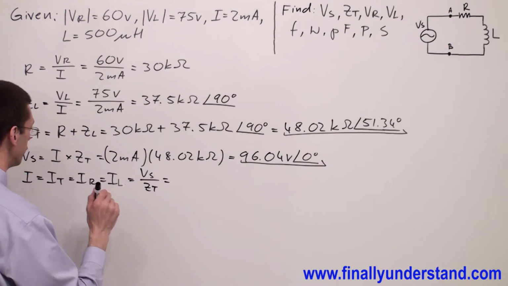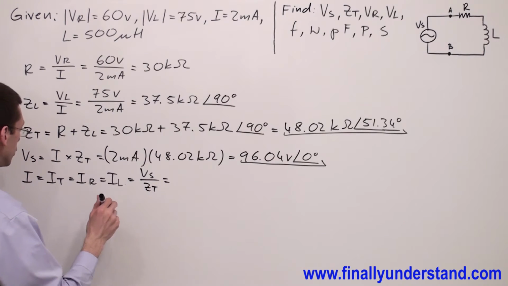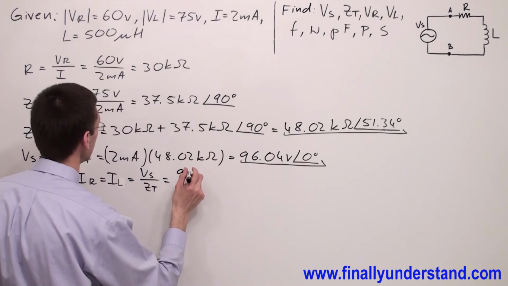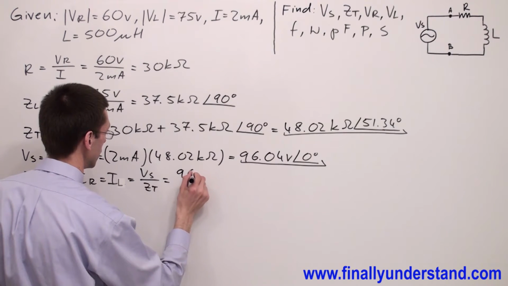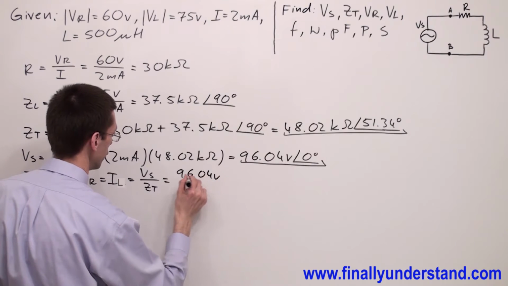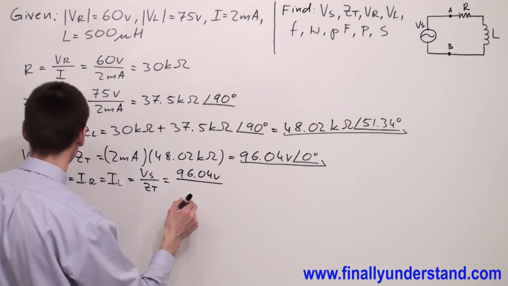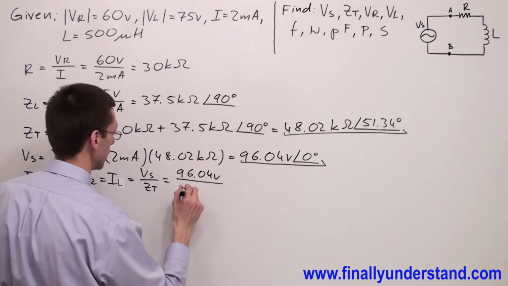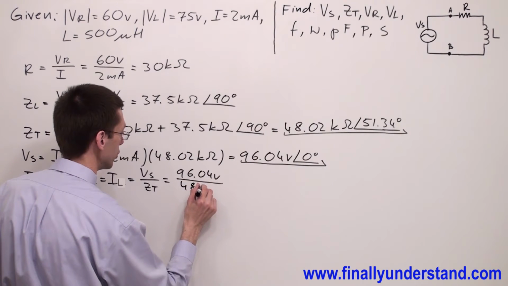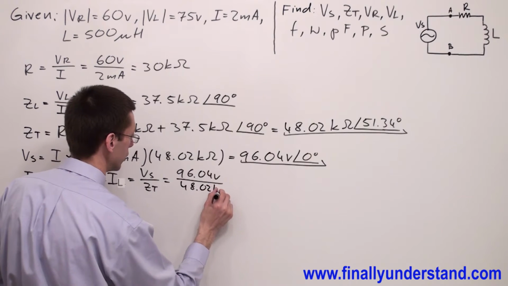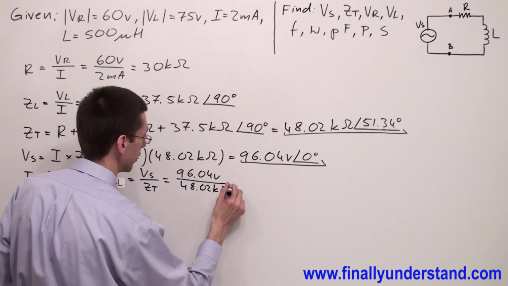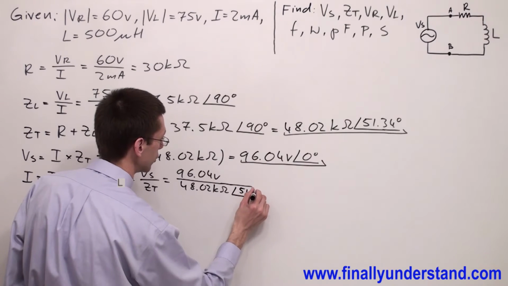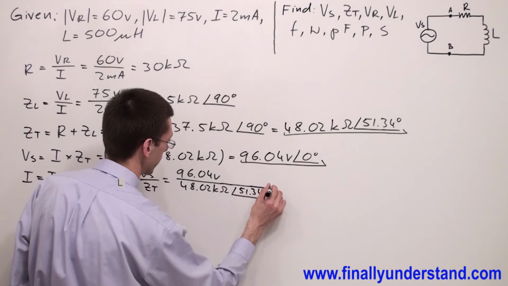So I have voltage source which is equal to 96.04 volts over the Z total, which is equal to 48.02 kilo ohms and angle of 51.34 degrees.